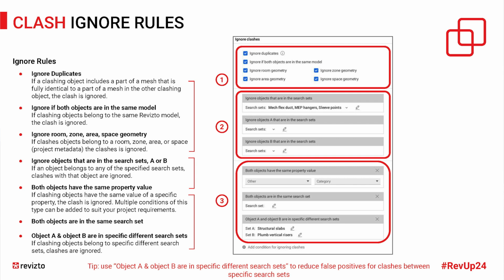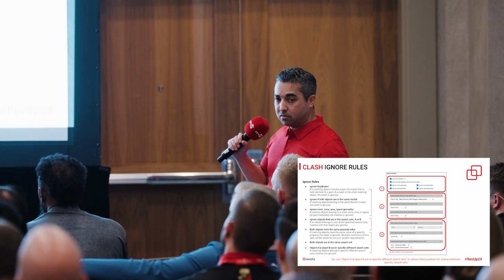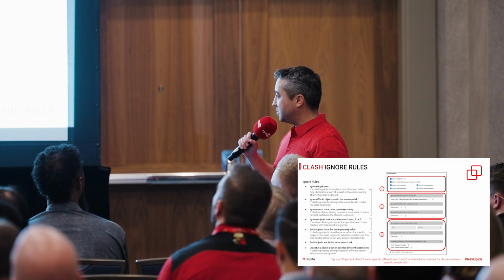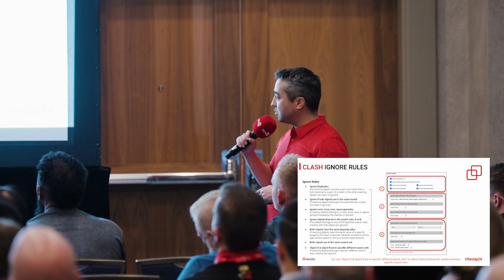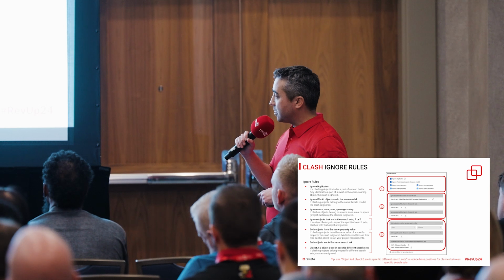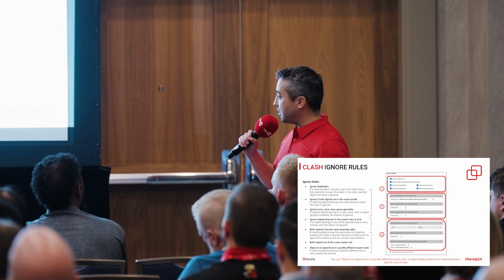Right here is actually where I want to spend most of the time on this slide, because there are going to be very specific conditions that you might want to create where you want one search set to make sure that if it hits that search set in B, you actually ignore it. So this one's a good example. Very commonly in construction especially, you're going to have a ton of clashes with your structural slabs.